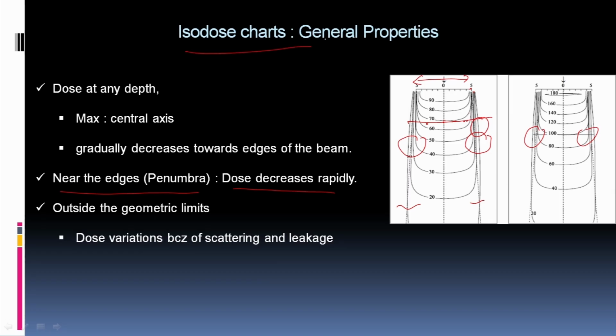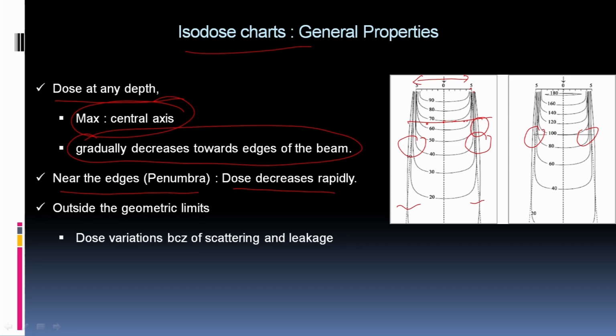You need to understand that the dose at any point, at any depth, is maximum at the central axis and gradually decreases towards the edge of the beam. Near the edge is called the penumbra region, where the dose decreases rapidly.